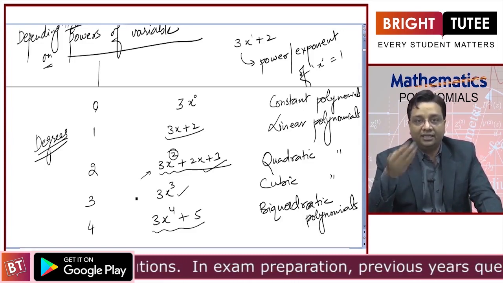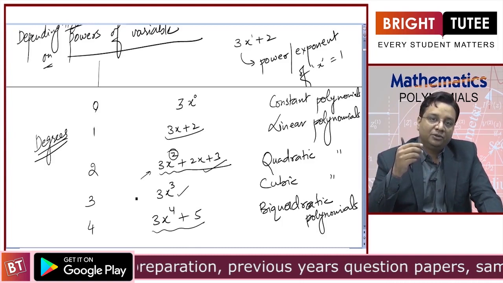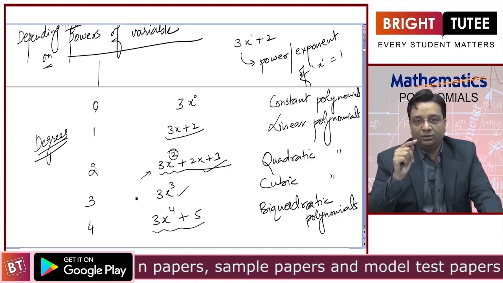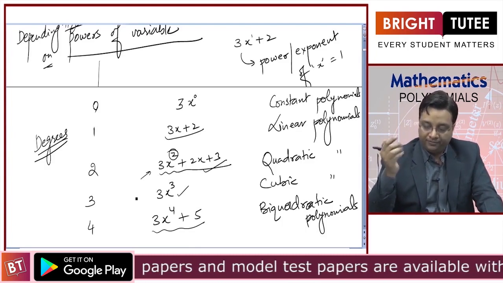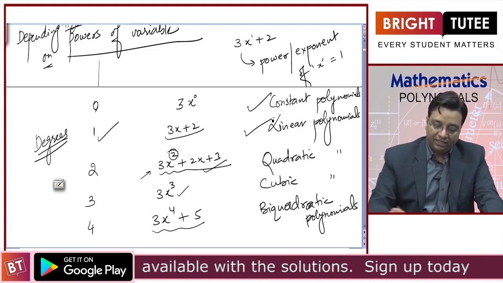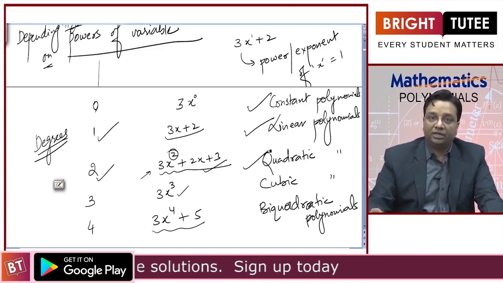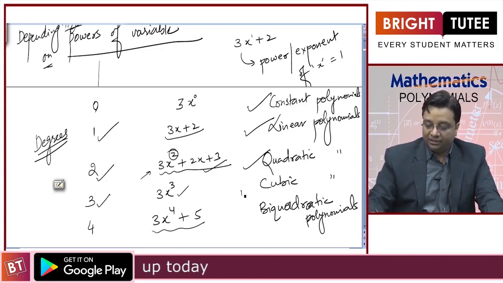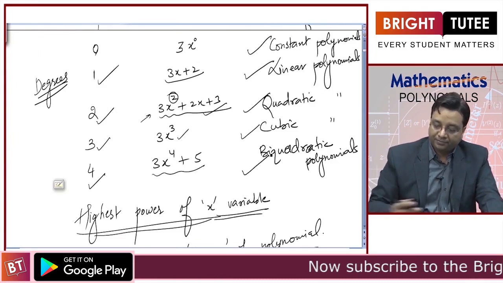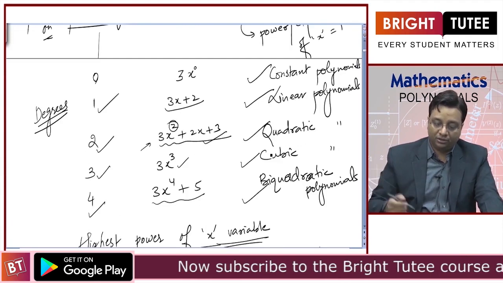If the degree of a polynomial is 0, it is a constant polynomial. If the degree is 1, it is linear polynomial. If the degree is 2, it is quadratic. Degree is 3, it is cubic polynomial. Degree 4, it is biquadratic polynomial. After that, we can keep going on.